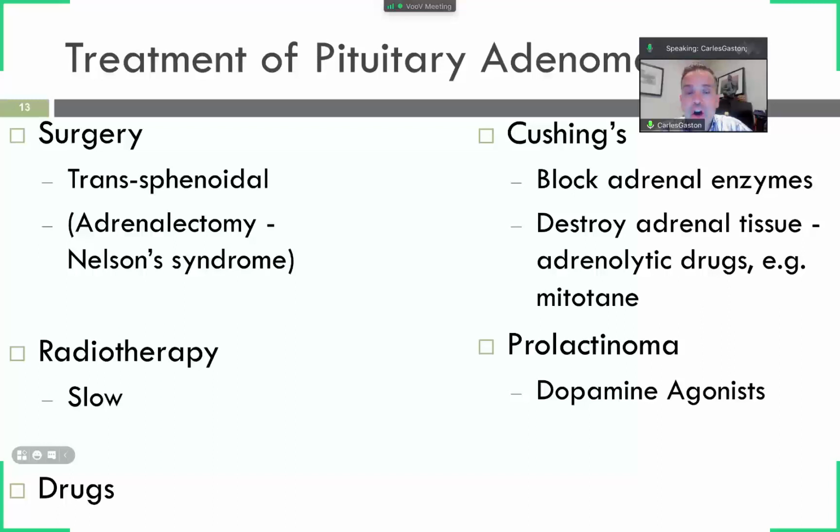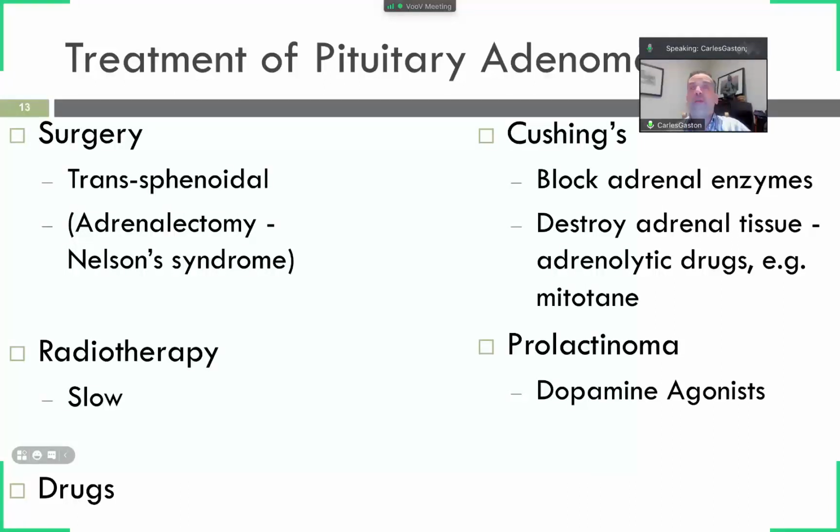In the case of prolactin, what we can use as drugs are dopamine agonists. If I were there, I would ask you why a tumor that overexpresses prolactin needs a dopamine agonist. As you know from the other lectures, prolactin is in constant inhibition from dopamine.